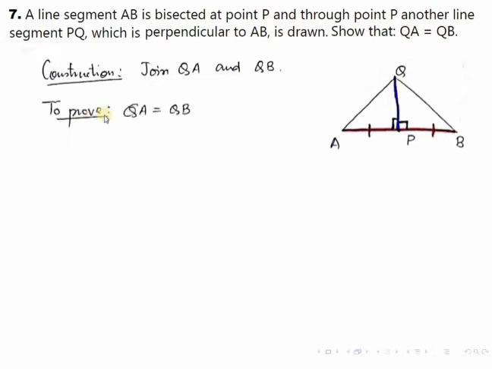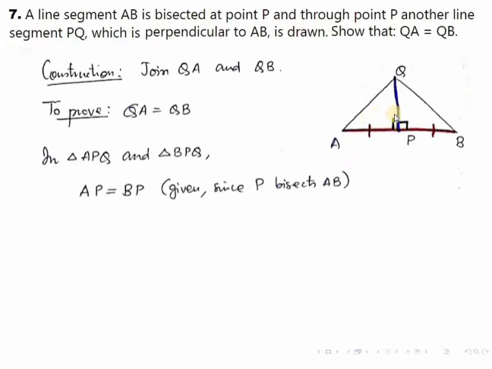So we need to prove that QA equals QB. We'll observe triangle APQ, this triangle, and we'll observe BPQ as well. From this triangle we'll take AP, and from this triangle we'll take PB or BP, because both of them are equal, isn't it? So they are equal as per the given condition.